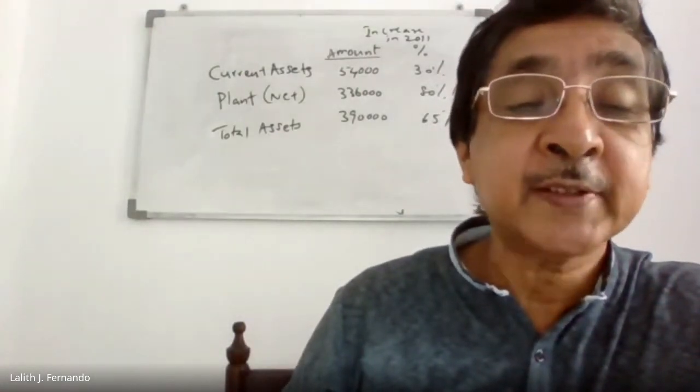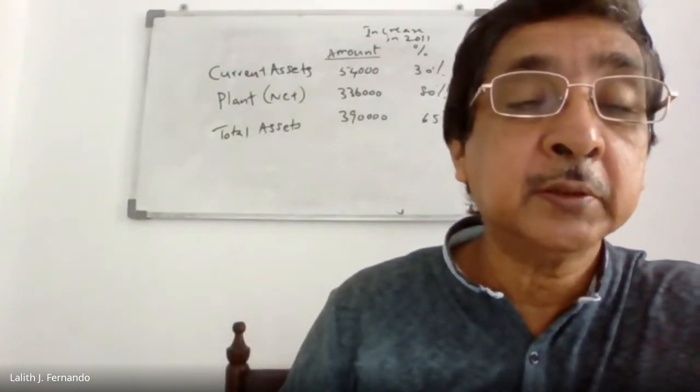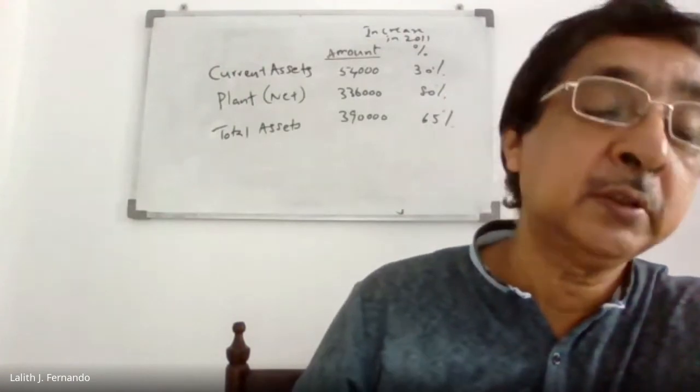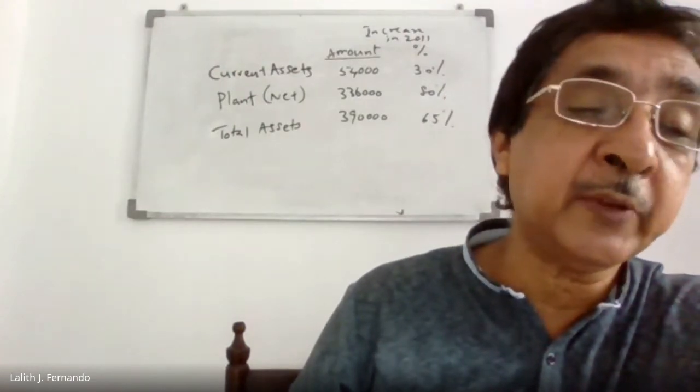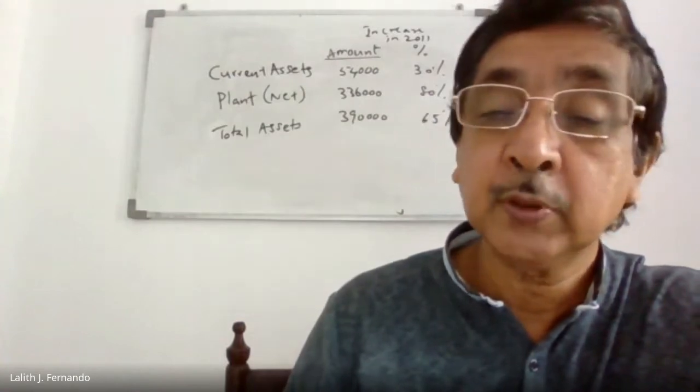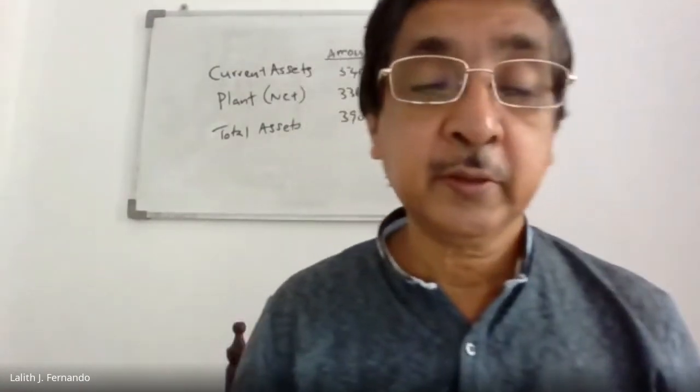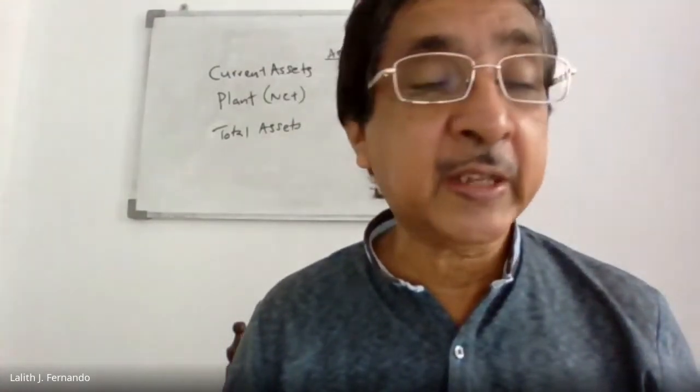And total assets 390,000 as an amount, and as a percentage 65%. Right. Now we can go to the next slide. Now we are going to discuss vertical analysis.